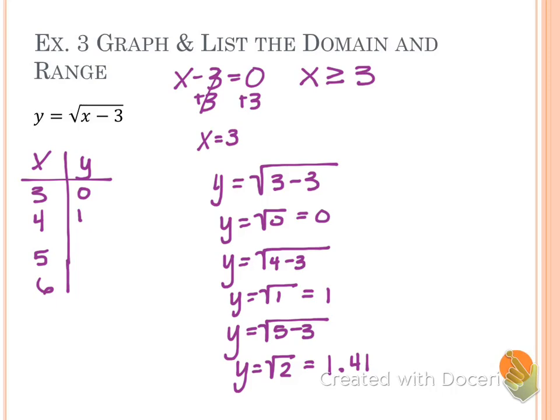Remember we did that last time? 1.41. And then, last but not least, y equals the square root of 6 minus 3, which is the square root of 3, which is 1.73. Now let's graph it.